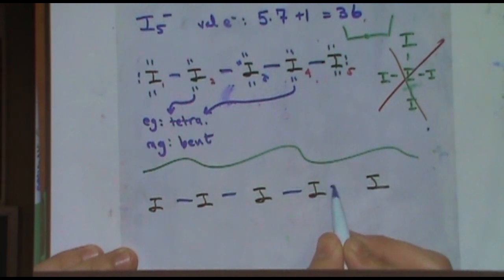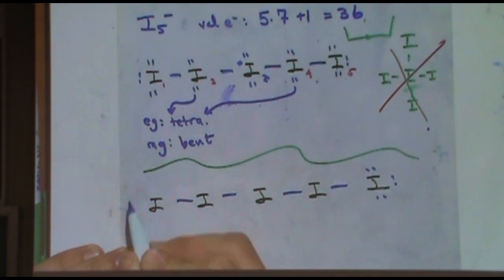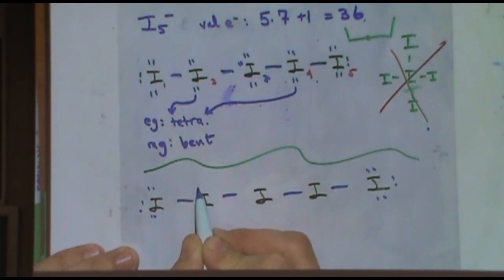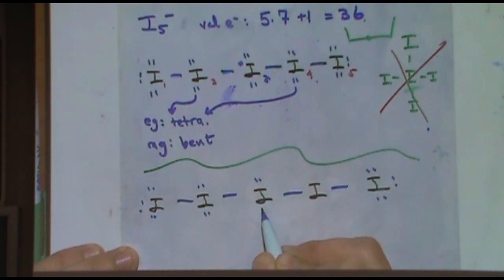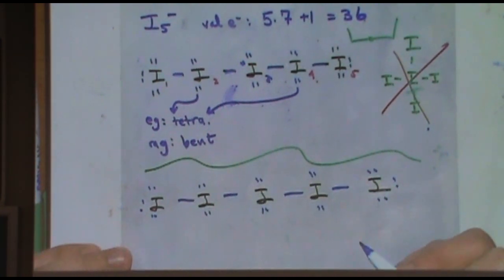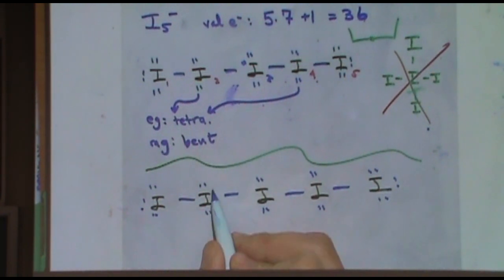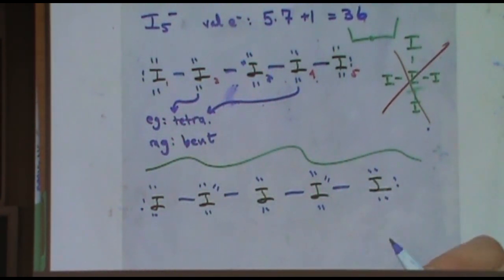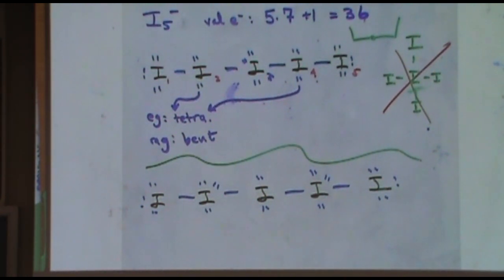2, 4, 6, 8, 10, 12, 14, 16, 18, 20, 22, 24, 26, 28, 30, 32. Where do you want those last 4 electrons? Yeah, 2 and 4. Let's do that. Here and there. They're also central atoms, so you can also do those. Okay.